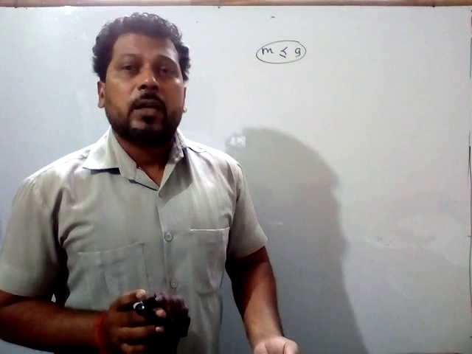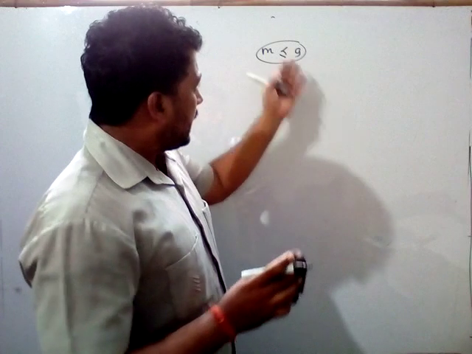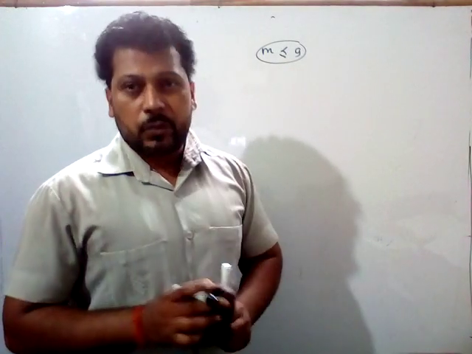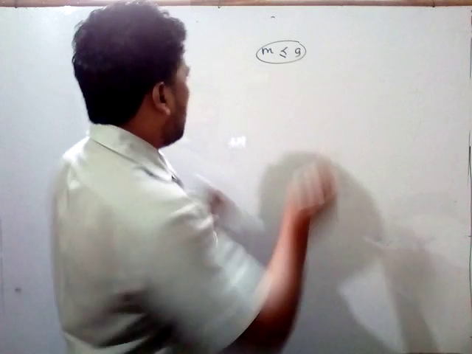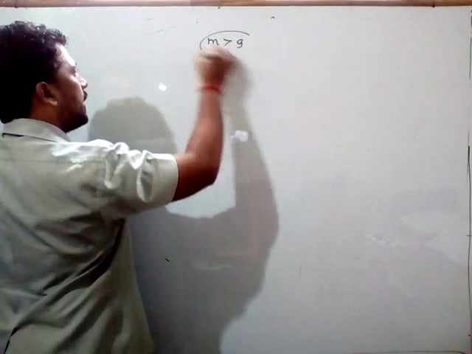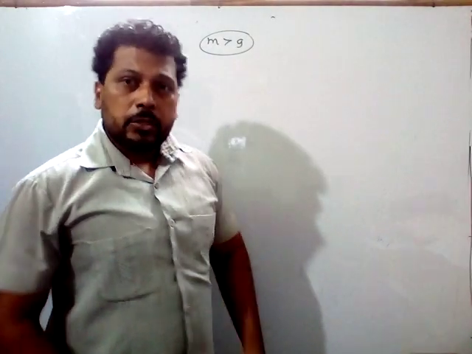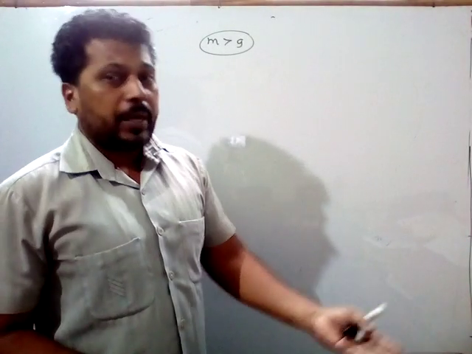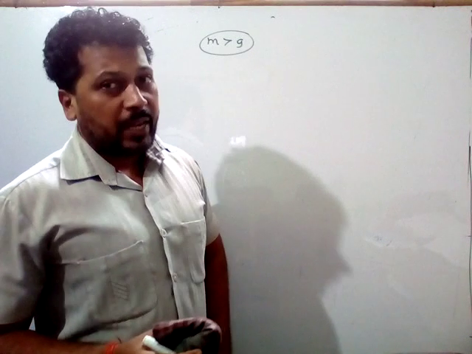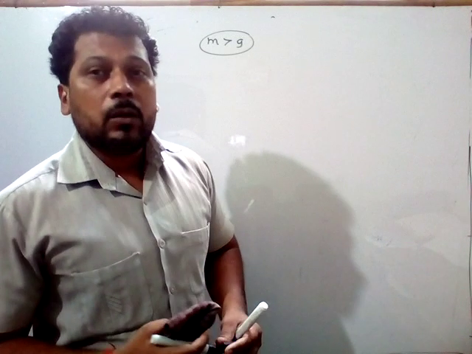If we want more than this magnifying power, then we use a combination of two lenses, and in this way we obtain a magnifying power greater than 9. So this is the compound microscope.